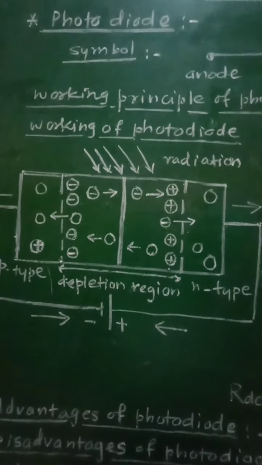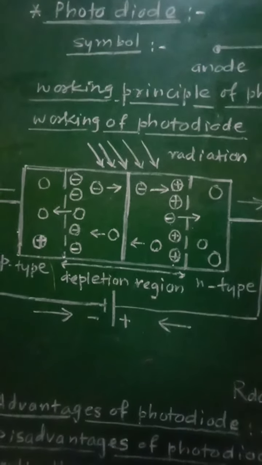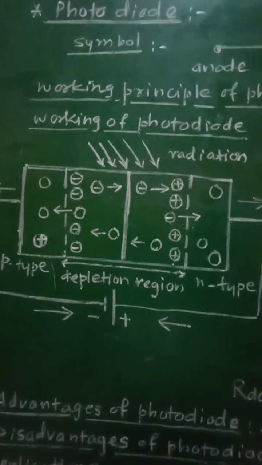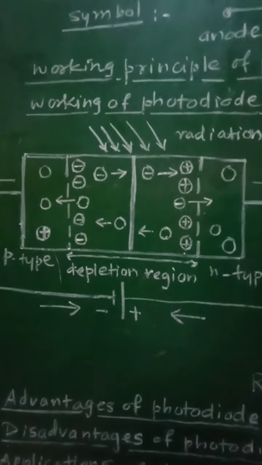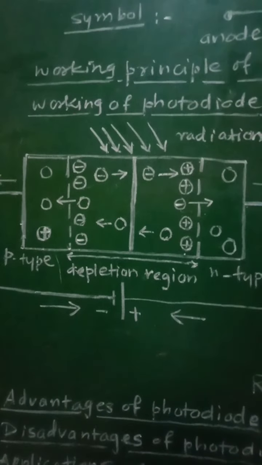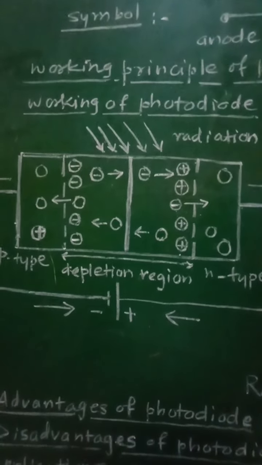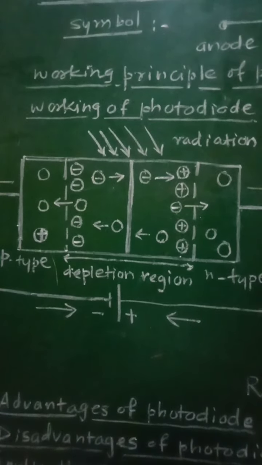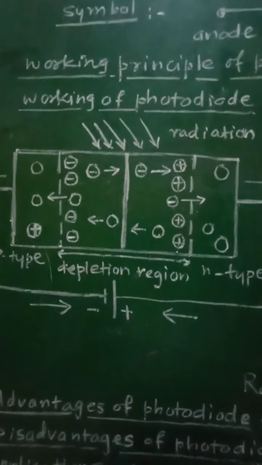The electrons and holes are separated due to the intrinsic electric field which is present in the depletion region.